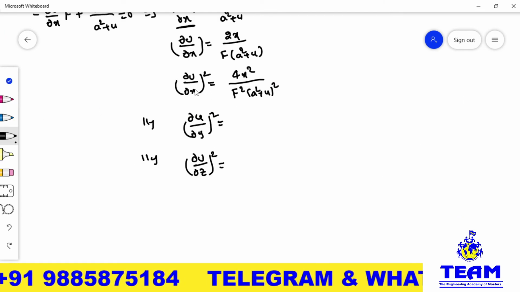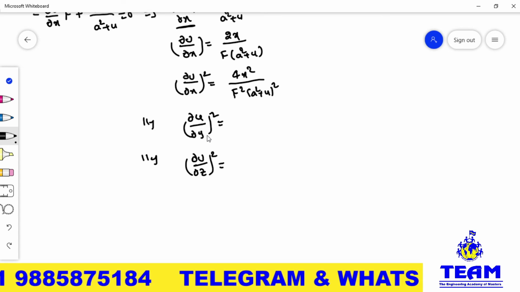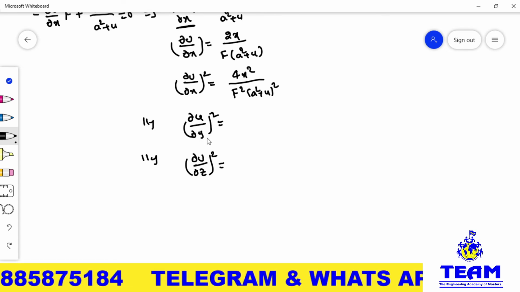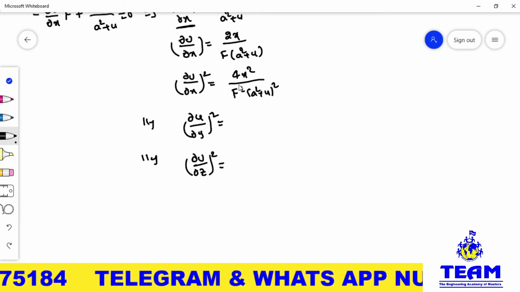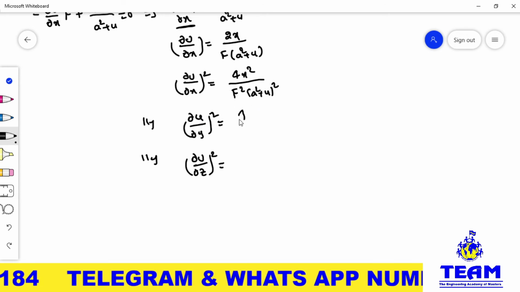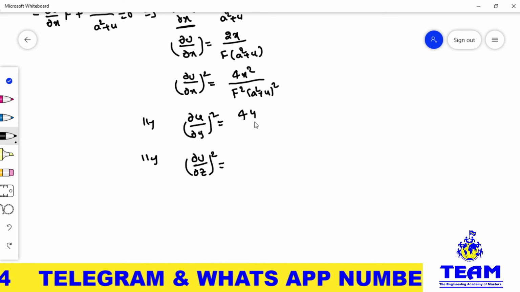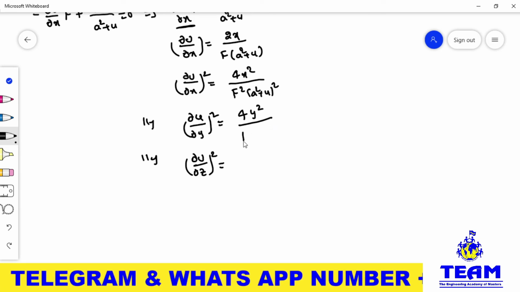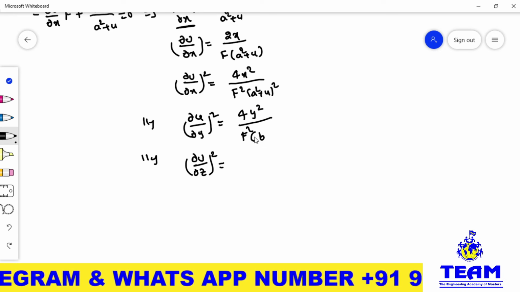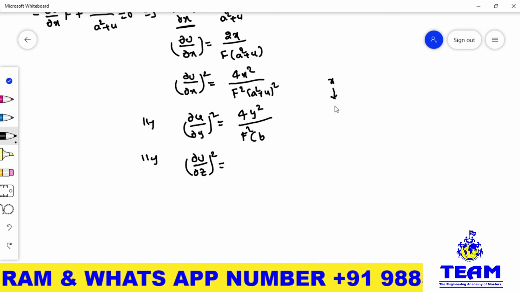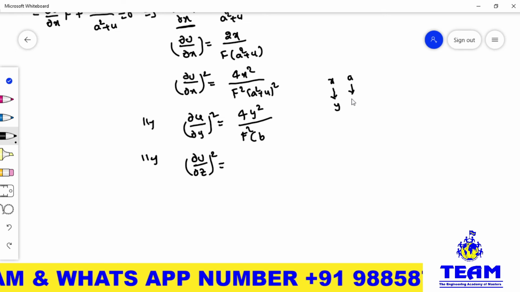So friends, from this I am writing dou u by dou y whole square and dou u by dou z whole square by replacing x by y and x by z. So here you have a numerator 4. I am replacing x by y. Then I will have 4y square by F square into (b square plus u) whole square. Remember friends, x I have to replace by y, and a I have to replace by b.